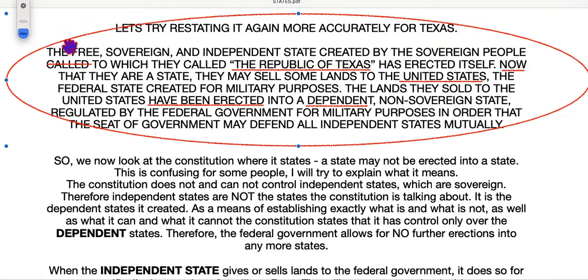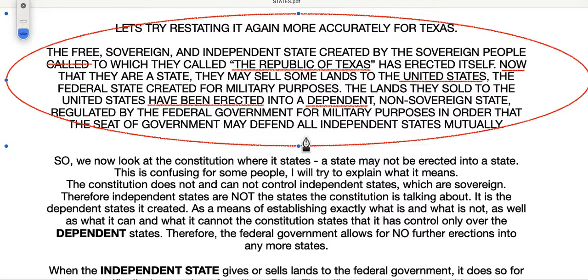The Constitution only creates dependent states inside of independent states for mutual defense. It is not, has not, never will be, never can be an independent state or erect itself into an independent state, or any of its federal areas erect into an independent state.